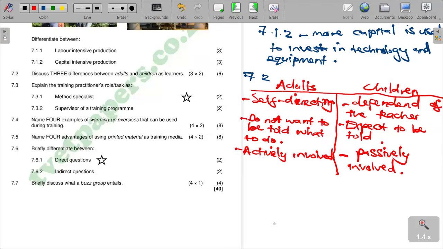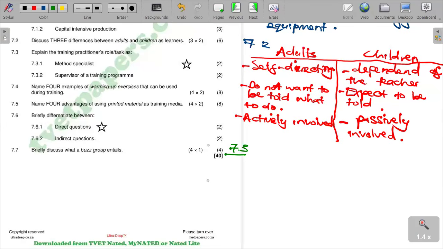So let's move on to question 7.3. Explain the training practitioner's role or task. So we are going to explain the task, the role of the training practitioner, right?